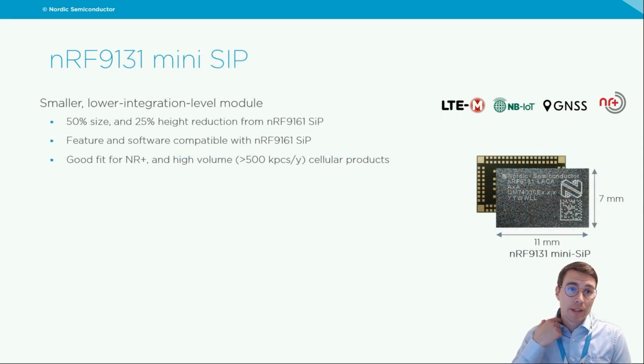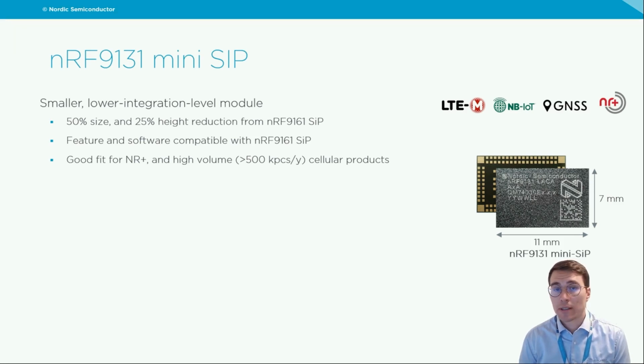Now over to the 9131 mini SiP. So this is a smaller system in package. It's just 11 by 7 millimeters. So it has a 50% area reduction and 25% height reduction compared to the 9160 and 61. It's fully feature and software compatible with the 9161.